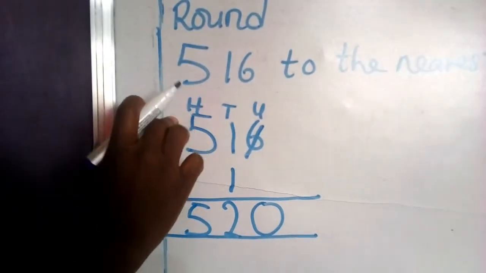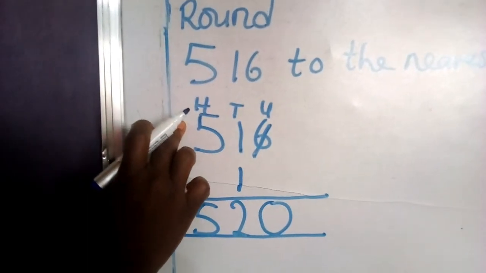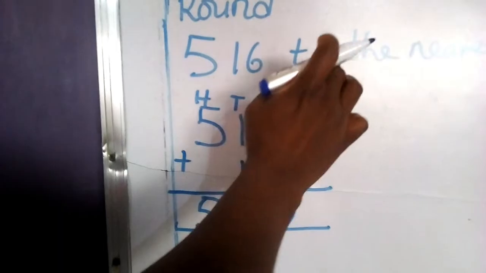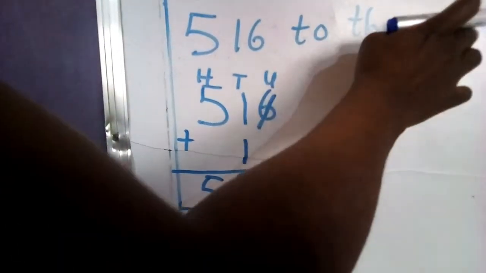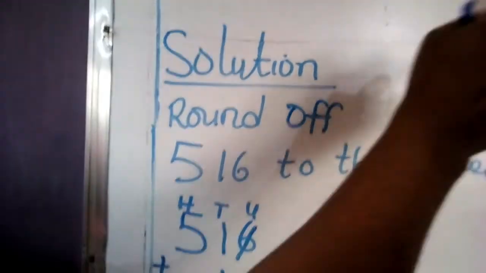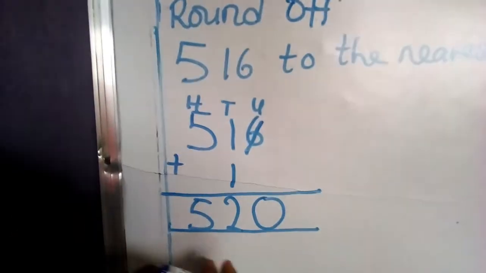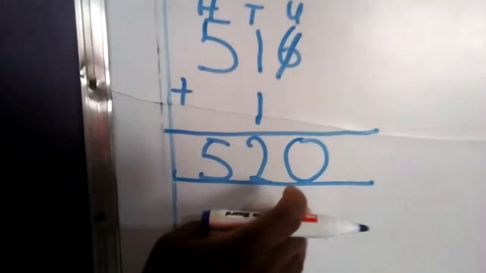We don't have any business with the hundred. We are concentrating only on unit and tens. Remember, we are asked to round off to the nearest 10. So 516 to the nearest 10 has become 520.